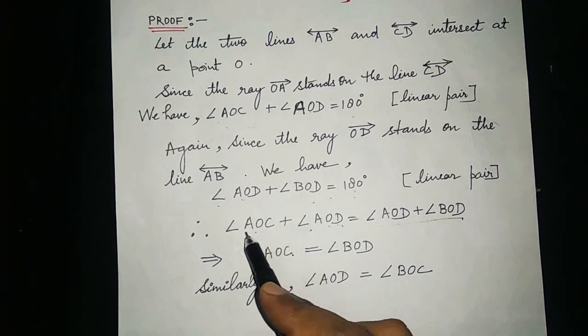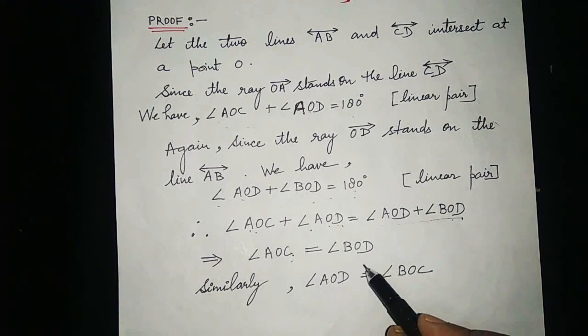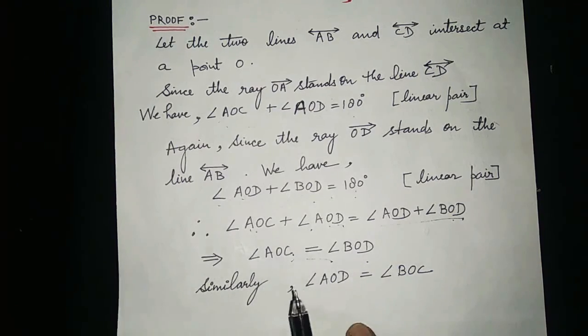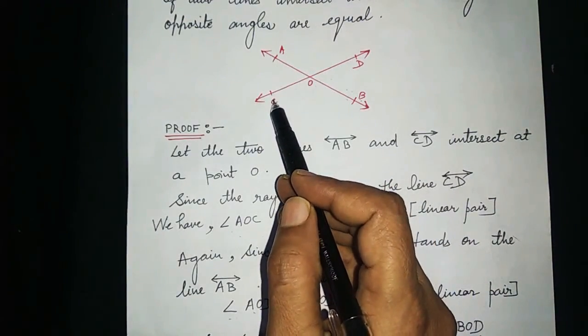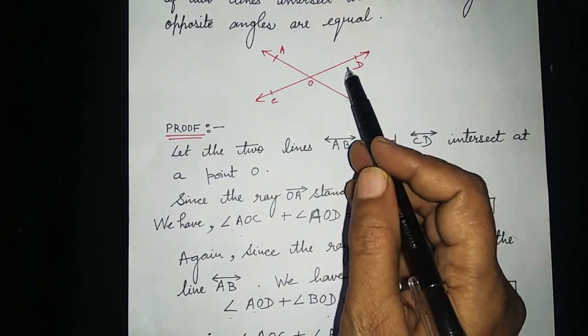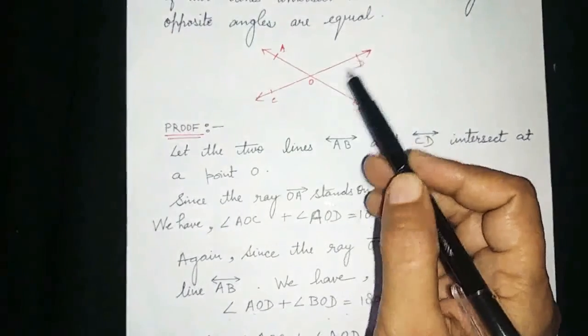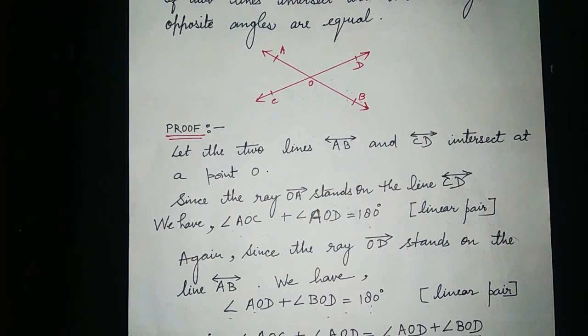On the left hand side you will get angle AOC, and on the right hand side you will get BOD. Now you can see AOC is equal to angle BOD. Now see the figure. Here angle AOC is equal to angle BOD. Students, similarly you can prove angle AOD is equal to angle BOC also. So like this you can prove that if two lines intersect, the vertically opposite angles are equal.